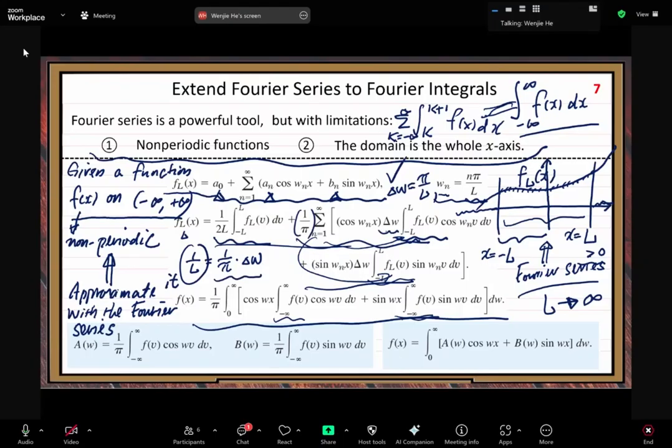That's why inside you see the delta W. For other parts, we just copy the formula.